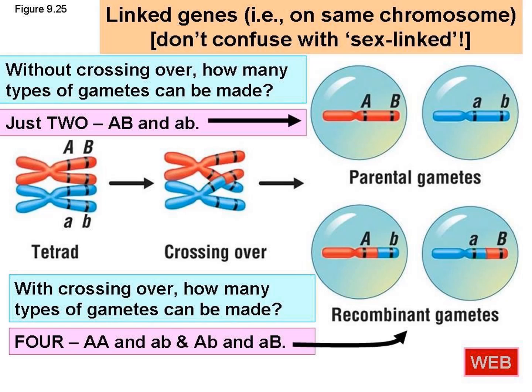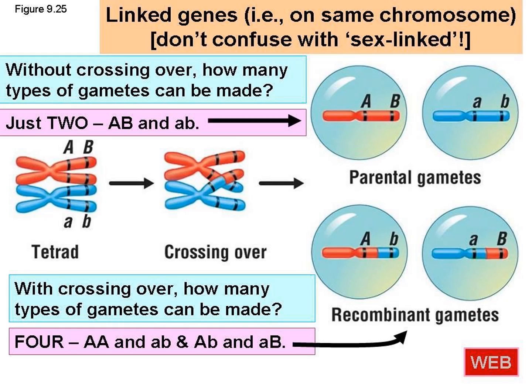But let's look at the top example without a crossing over event. Essentially, only 2 gametes can be made because the genes are going to go together, right? What happens if we do have that crossing over? How many gametes can we then have?